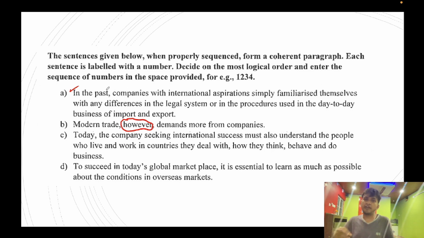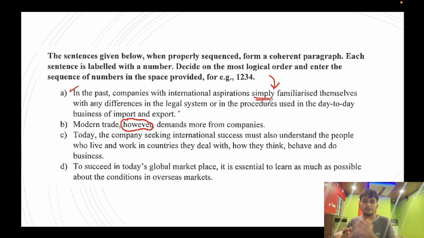So something about companies with international aspirations is suddenly put into the air. When you understand this sentence, you're not getting that vibe that matches a beginning sentence. Why? Because this sentence is not establishing any context. Suddenly they are talking about companies with international aspirations, and they use the word simply familiarize.